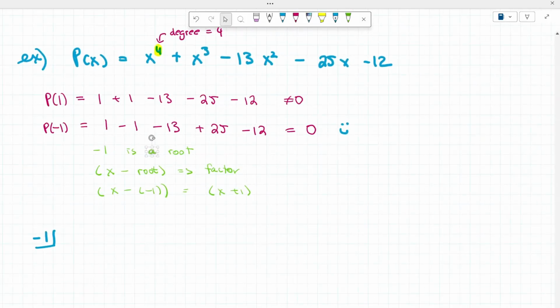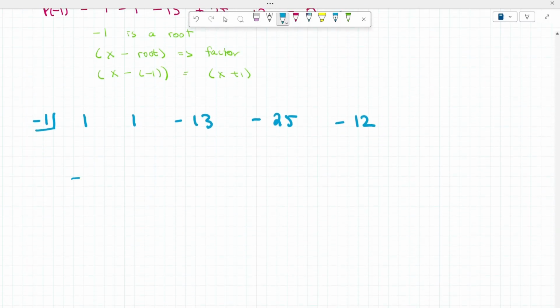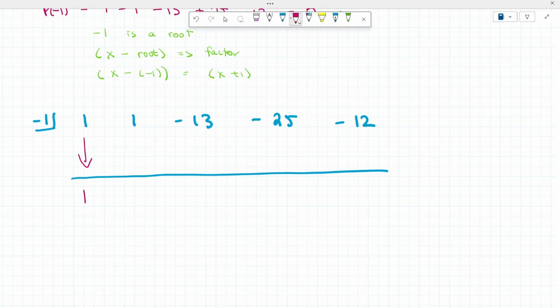Make sure to include all of them in the correct order, starting from the highest degree: 1, 1, negative 13, negative 25, and negative 12. When we perform synthetic division, we start at the leftmost side. The first thing we do is drop down our first number. And then from there, we multiply it with our root.